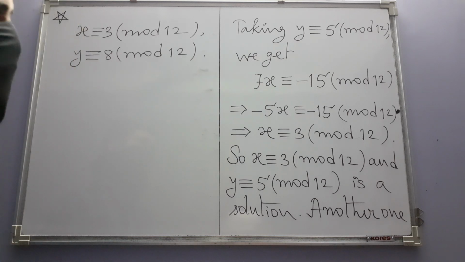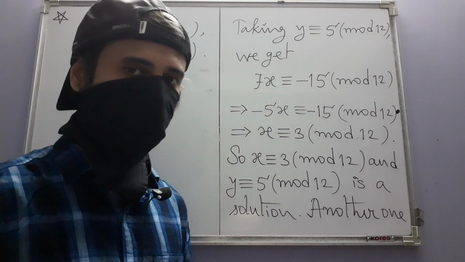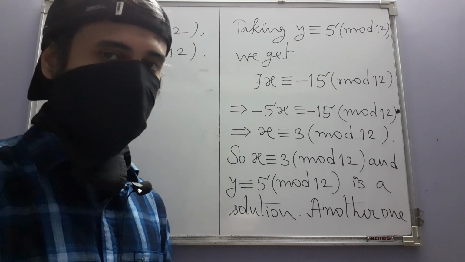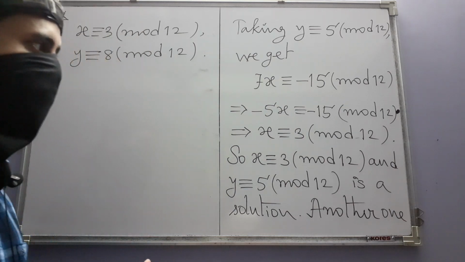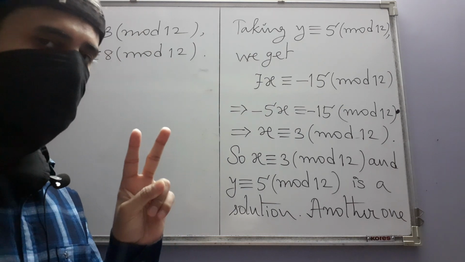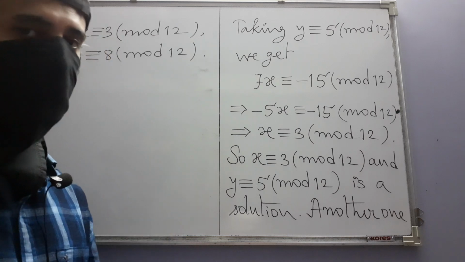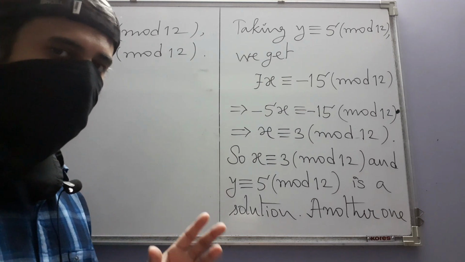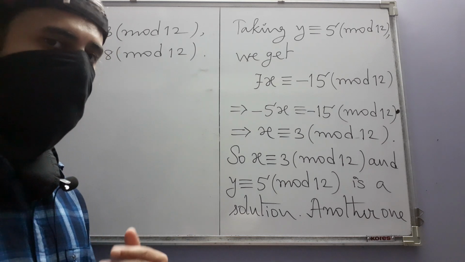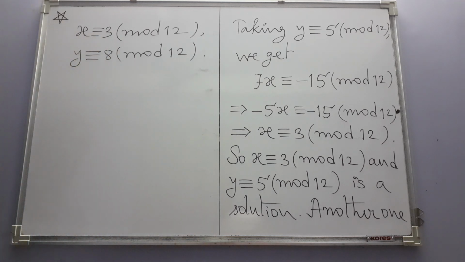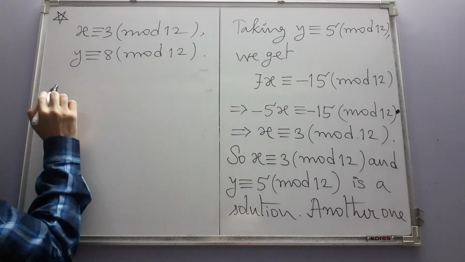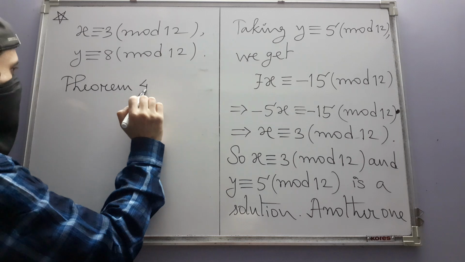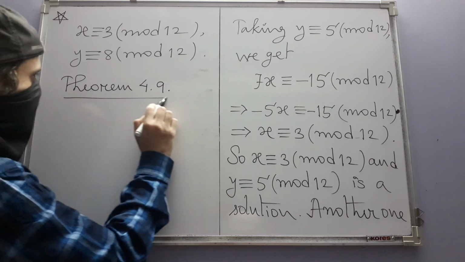And now we are going to see one result which is going to give us a condition, and when that condition is satisfied, you can solve a system of two linear congruences in two variables x and y. So this time in this result we are not going to consider one linear congruence in two variables, but two such congruences, a simultaneous system of congruences. And this is theorem 4.9.